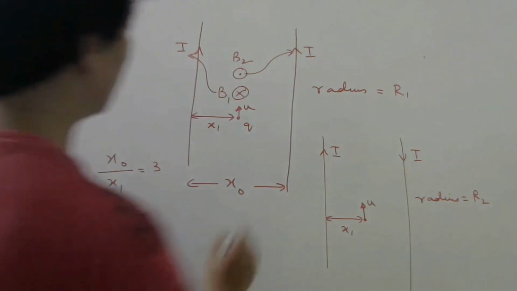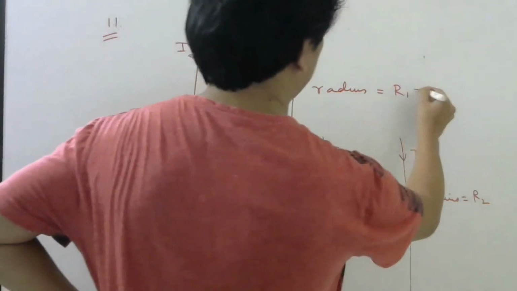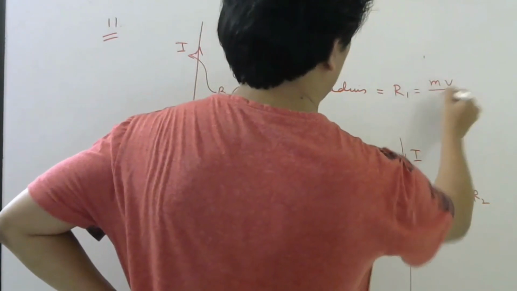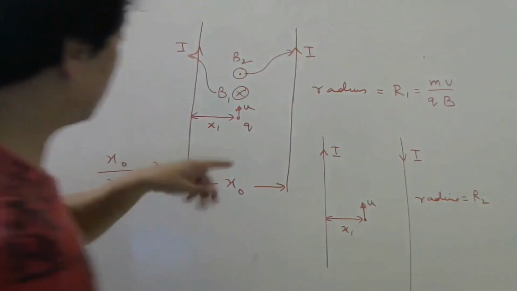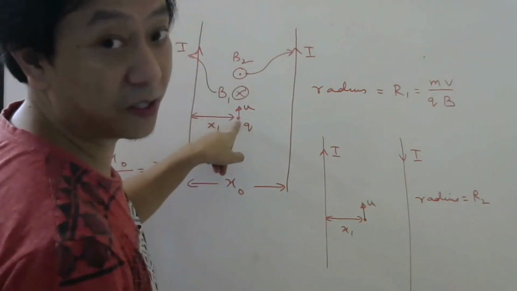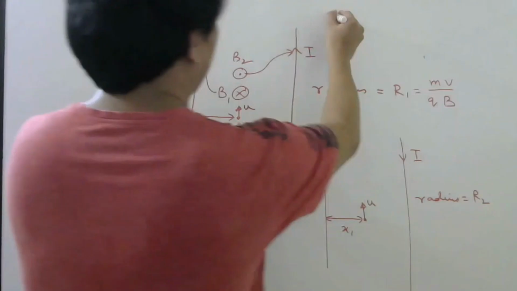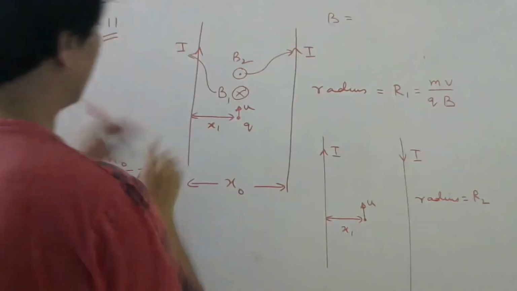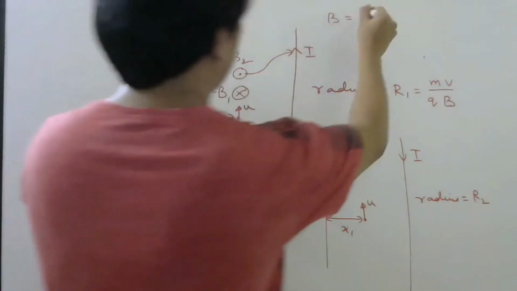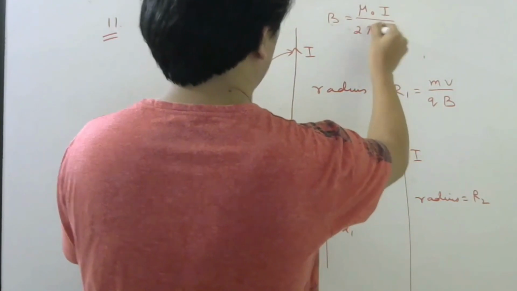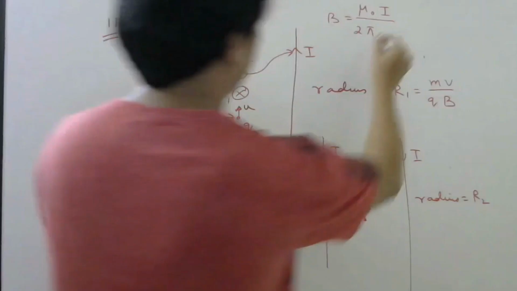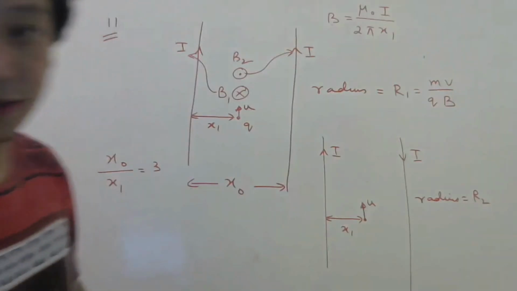So very simple. What is the formula for radius? mv by qb, right? So under what magnetic field is it moving when it is here? Let us calculate. Due to this current, it will be mu naught I by 2 pi x1, correct?